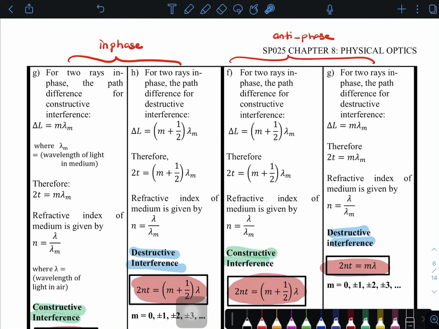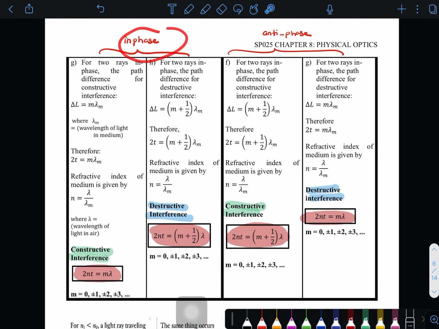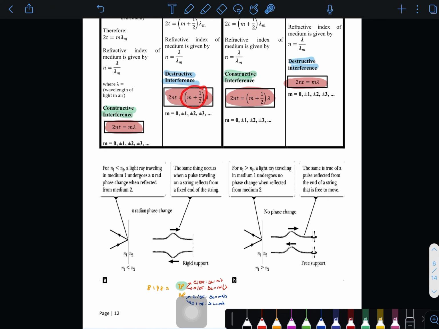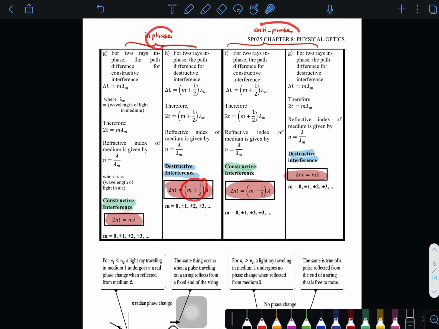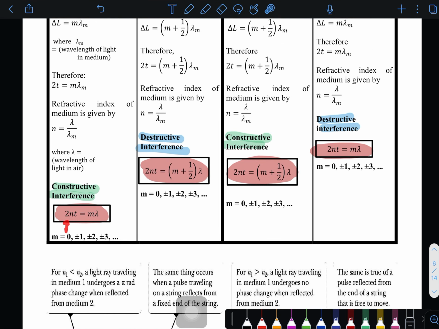So kalau kita nak tulis kat nota kita, kalau dia in phase dan dia constructive interference, 2NT equals to M lambda. Kalau dia destructive dan dia in phase, so dia ialah M plus half lambda. Kenapa? Sebab yang kita tadi, kalau dia destructive, dia kena ada plus half lambda. Okay. Manakala kalau dia anti-phase dan dia konstruktif, so 2NT equals to M plus half lambda, tetapi kalau dia destructive, 2NT equals to M lambda. So what is 2? 2 is the number, N.